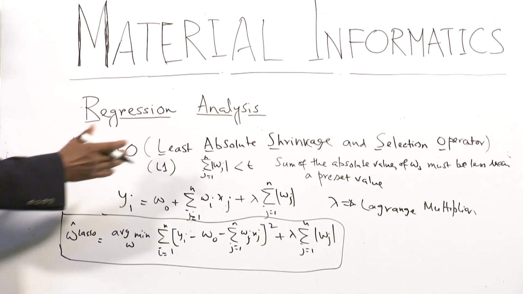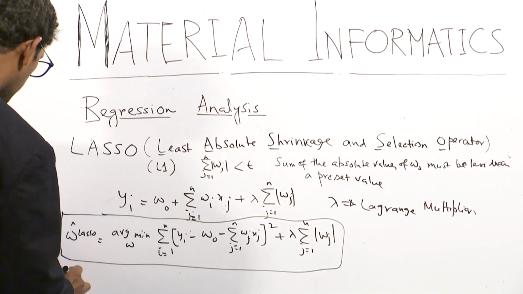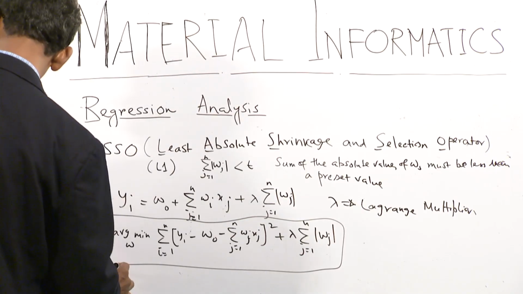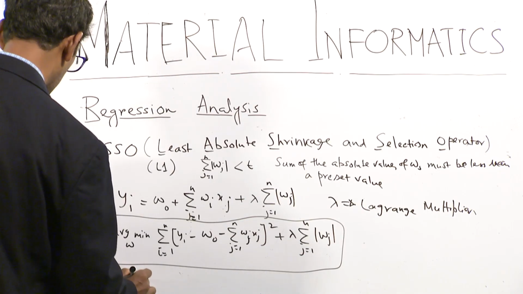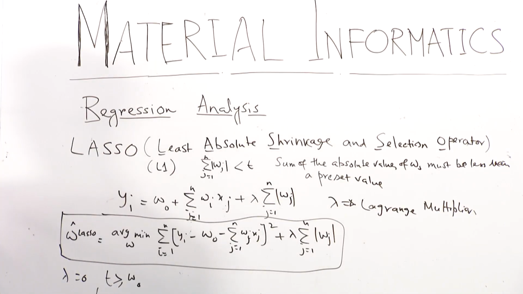We can always discuss in detail how to find this, but you understand the value of lambda is very important, correct? If lambda becomes 0, or t becomes larger than the sum of the W's, then what will happen?